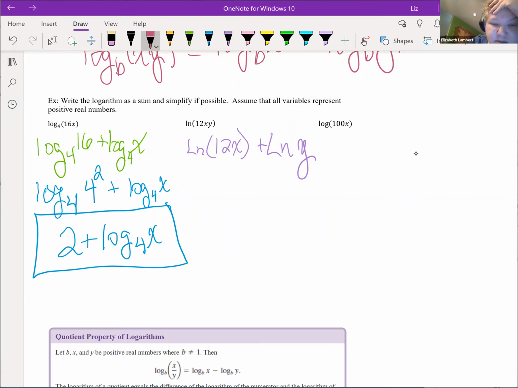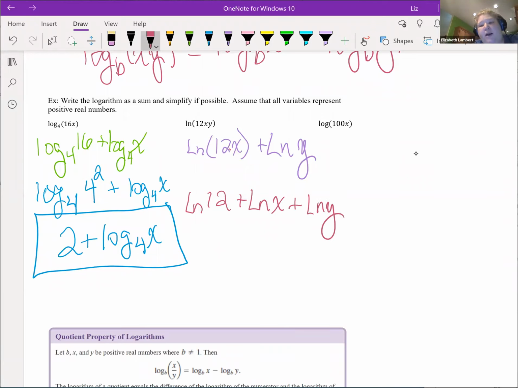All right. So natural log of y, I can't simplify that any, but it is a log on its own. Now 12x, though, we know is 12 times x, so I can apply the log property again. So this is now the natural log of 12 plus the natural log of x plus the natural log of y.